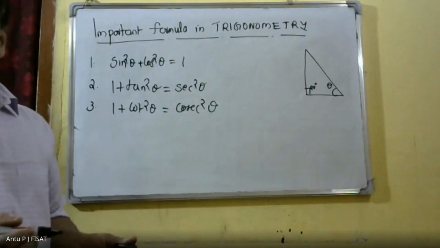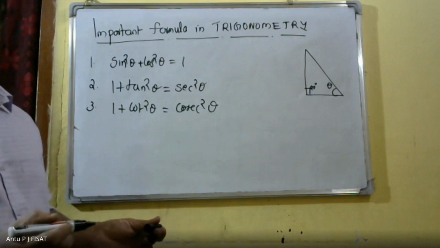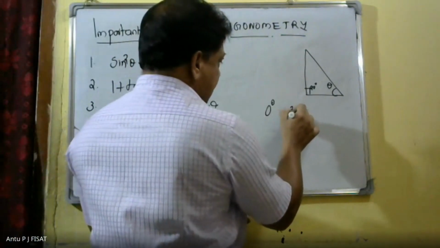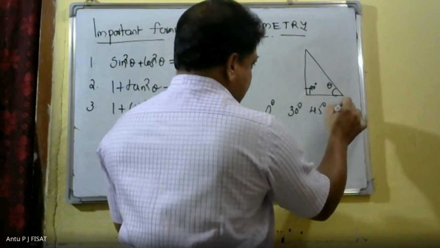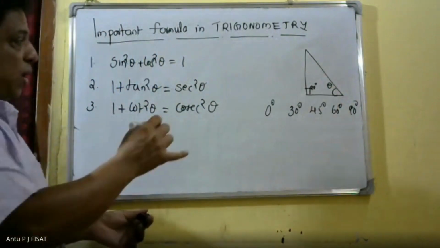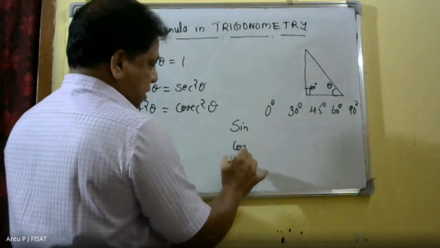Then we can also, knowing some general values of particular angles, that is 0 degree, 30 degree, 45 degree, 60 degree, 90 degree, evaluate the values of sine, then cos, then tan.